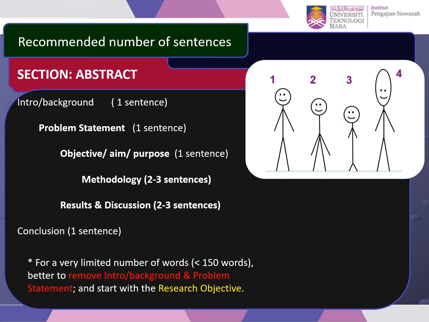The problem statement is summarized into one sentence, and the objective or the purpose of the study is summarized in one sentence. For the methodology, it's quite difficult to summarize everything in one sentence, so usually methodology will have 2 to 3 sentences, or if you need to write more, you can write up to 4 sentences.